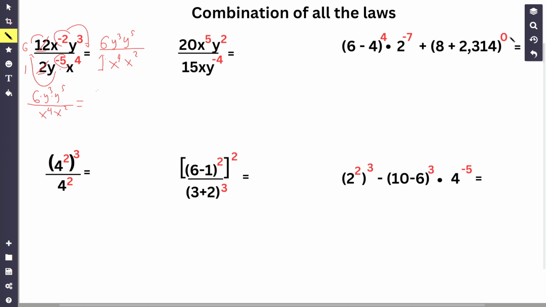So this will become 6y raised to 3 plus 5 all over x raised to 4 plus 2. And our answer will be 6y raised to 8 all over x raised to 6. Okay. And this is our final answer for the first example.